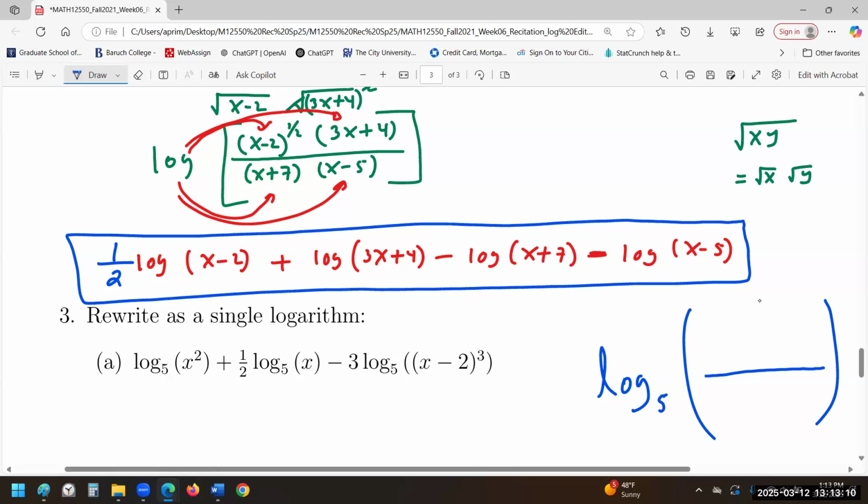So the first term, does it have a coefficient? No. The second term, does it have a coefficient? 1/2. So we must bring 1/2 up on the power of x. So it becomes log base 5 of x to the 1/2.